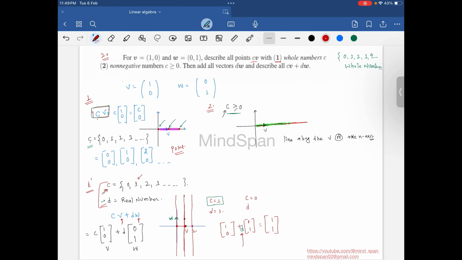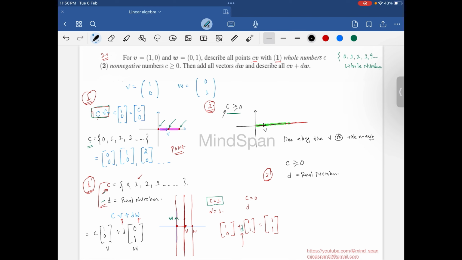Now let's look at this 2 dash case. So now we have c greater than 0, and c can take all the values that are greater than 0. It could be a decimal, it could be a fraction, it could be any number greater than 0. And d is again a real number.